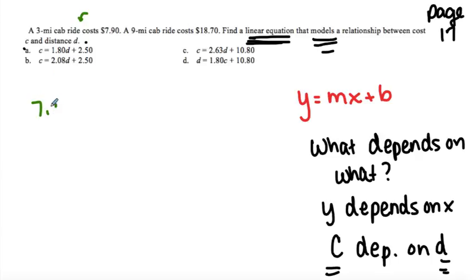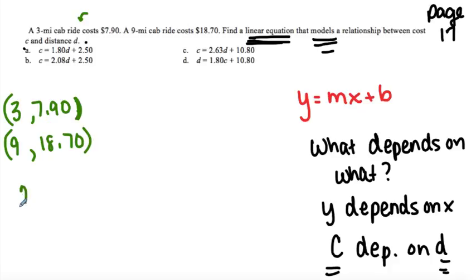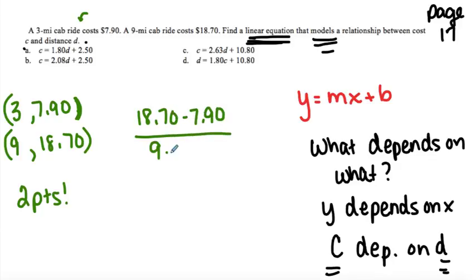So 3, 7.90, and then 9, 18.70. So now I have 2 points. I need to find the slope, the average rate of change. So I'm going to do 18.70 minus 7.90 all over 9 minus 3.